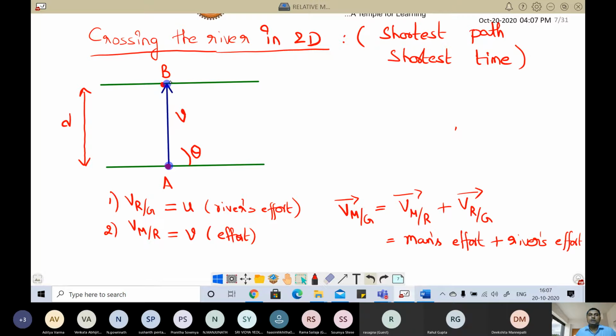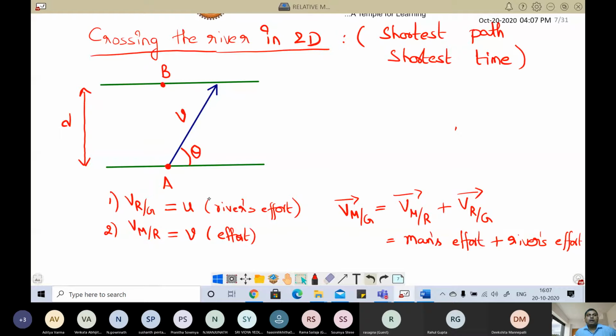If you want the shortest path, you have to head towards the left side, then your velocity will be along AB and you'll reach B directly. In that case, theta will be obtuse. Right now we are not discussing either case. In general, let us say this is theta.